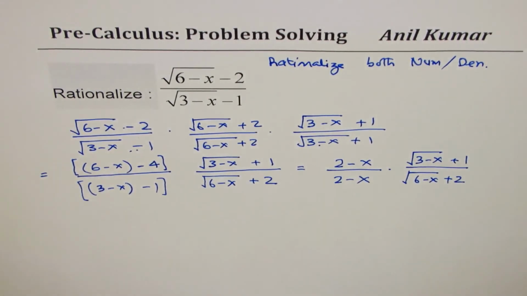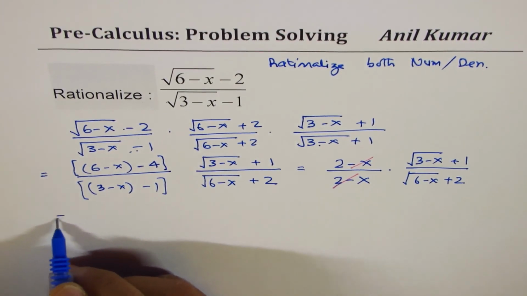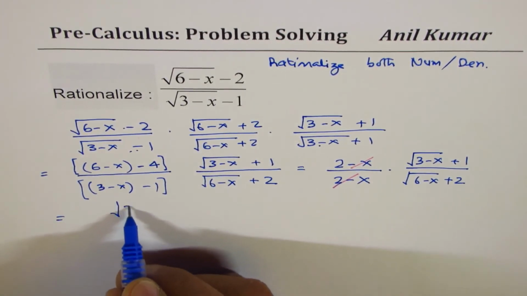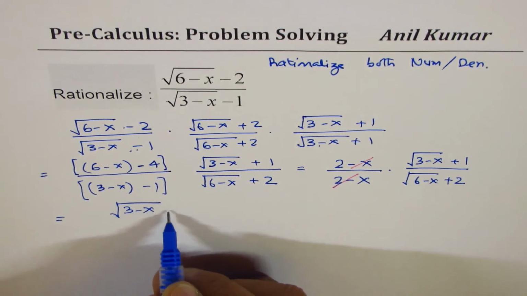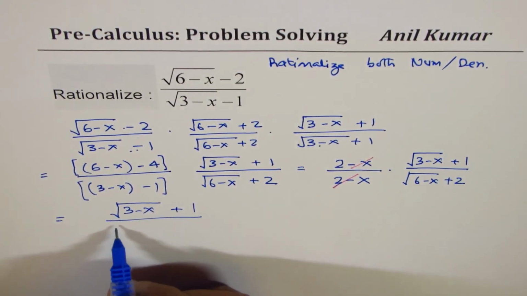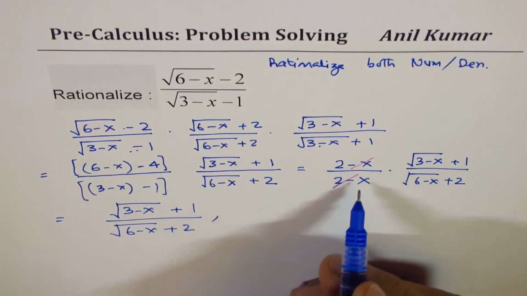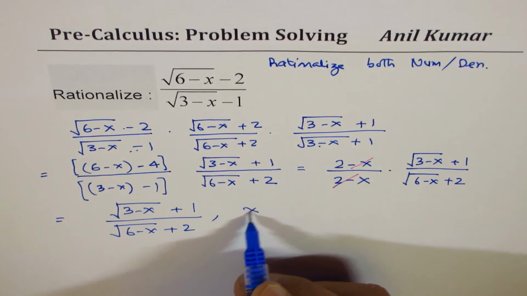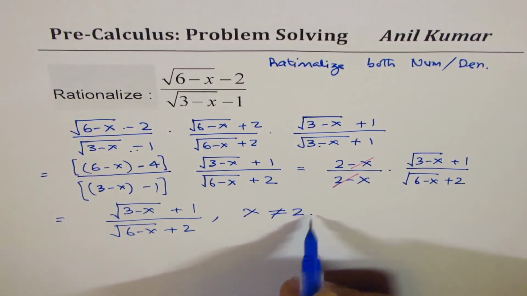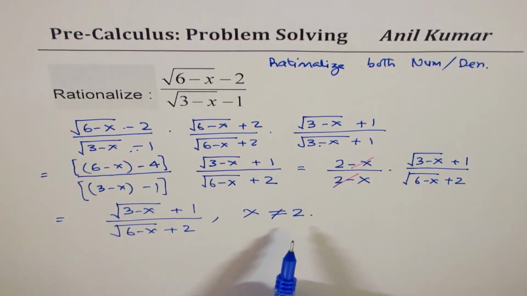Now, as you can see, we can cancel these factors. And it simplifies to square root of 3 minus x plus 1 over square root of 6 minus x plus 2. And of course, we did cancel it off, but we have to write that x should not be equal to 2, right? Should not be equal to 2.